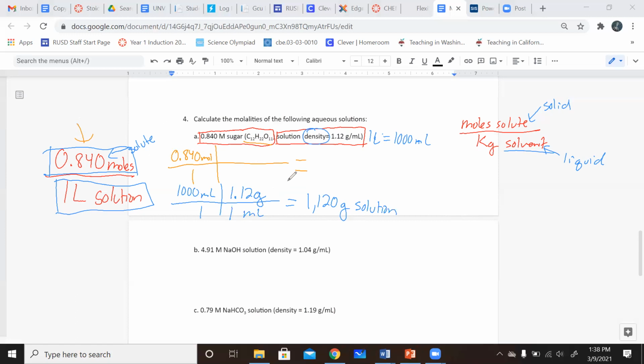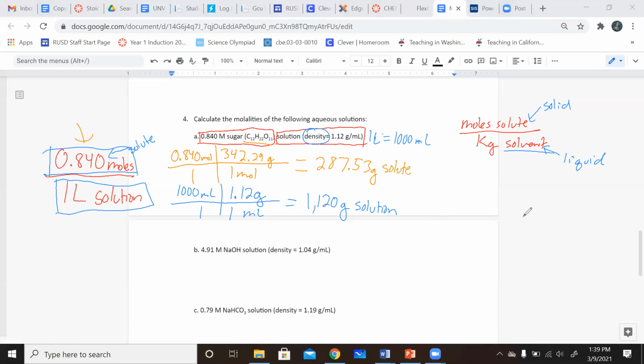And so we do that the way we've always done it. For every 1 mole, that C12H22O11 is going to weigh 342.29 grams. Again, I got that information from the periodic table. We multiply it out, and we get that the moles of solid are 287.53 grams.